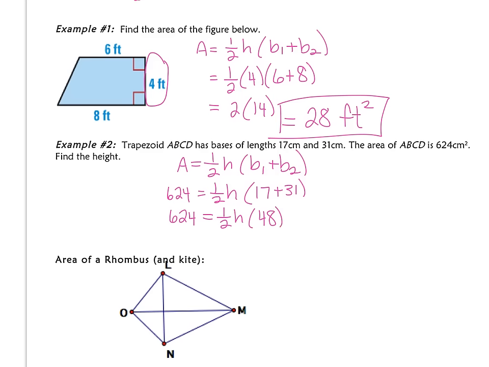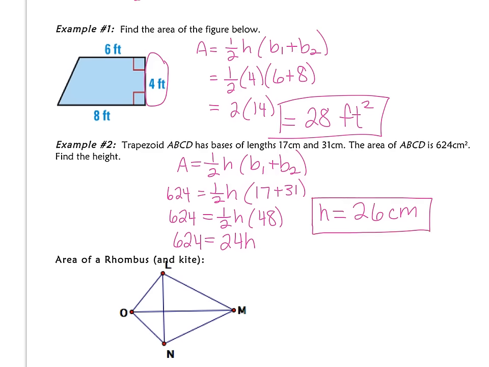Now I could get rid of this 1/2 right away by either just multiplying both sides by 2, or I could take half of 48, which I'm going to do. So 624 equals 24 times the height, divide both sides by 24, and I get my height, which is 26, and my units are centimeters. I don't square it because height is not a squared measurement, it's just straight centimeters.